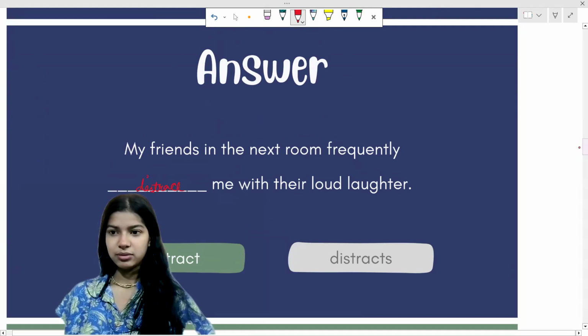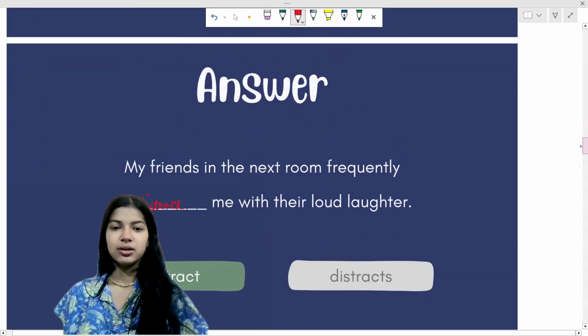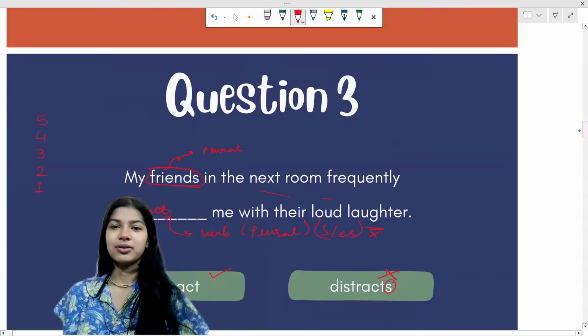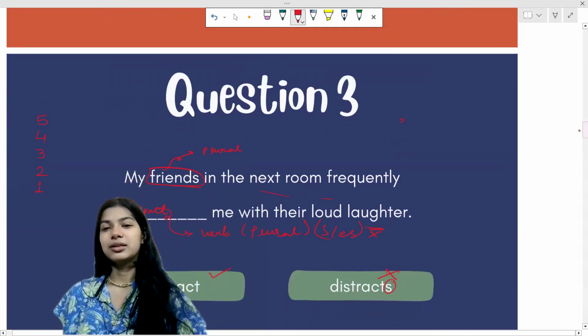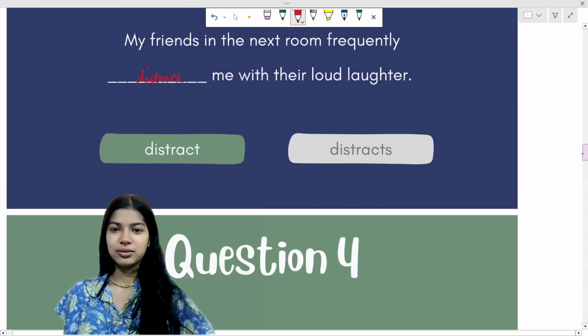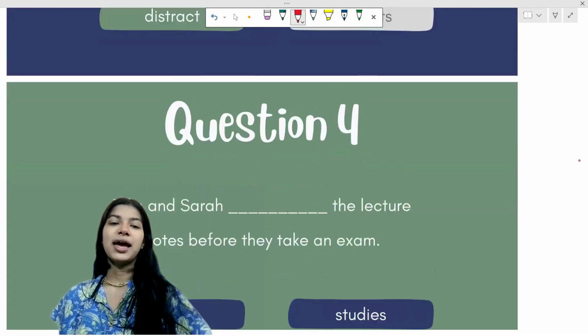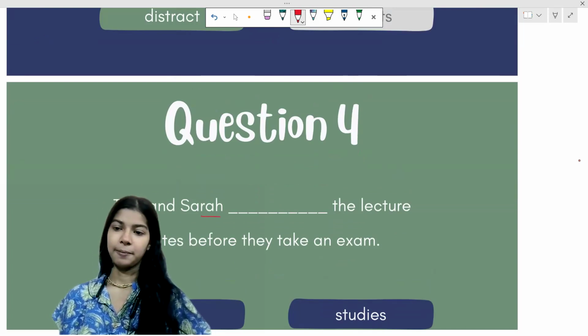This was our question number 3. If you're correct, mark your scoreboard as 3 out of 8. Okay, let's see the next question. Question number 4. Tom and Sarah blank the lecture notes before they take an exam.